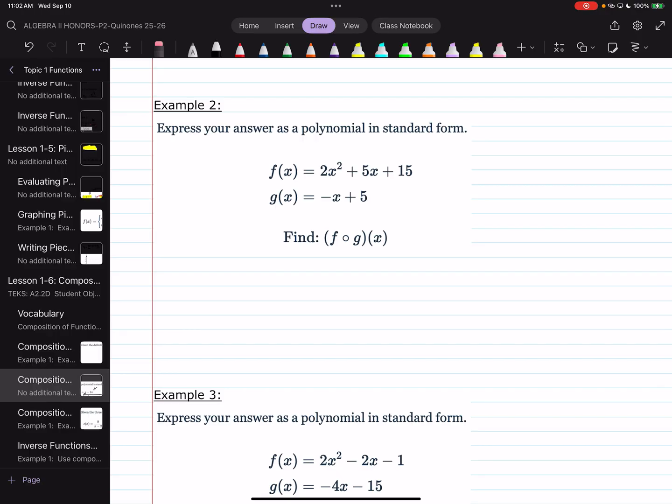Oh, it would be 2 times negative x plus 5 squared. Yes, your first step is absolutely right. Okay, you're starting off with f. So now every time you see an x, instead of putting x, you substitute what?